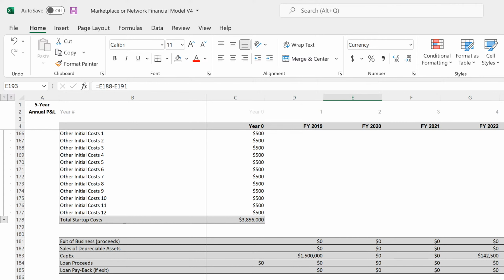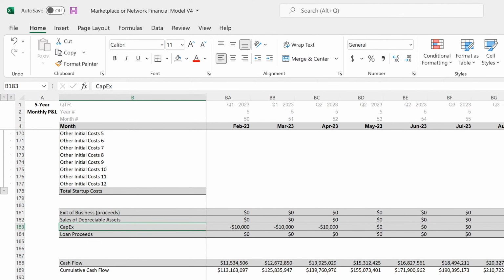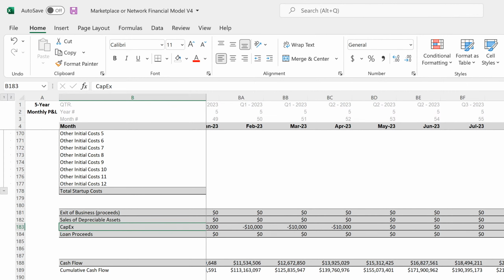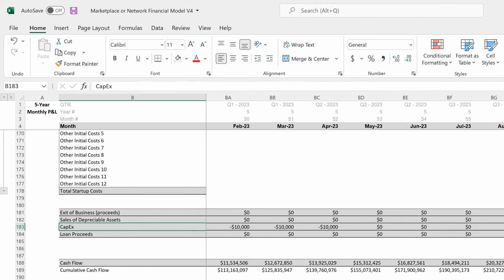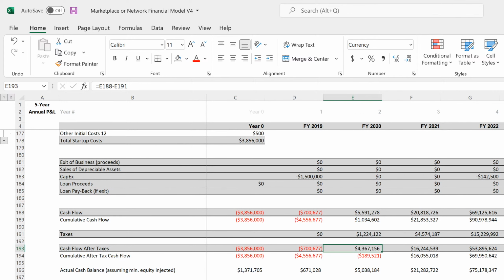Taxes. So cash flow after taxes should be 359. We're at 346, so we're definitely missing some stuff here.